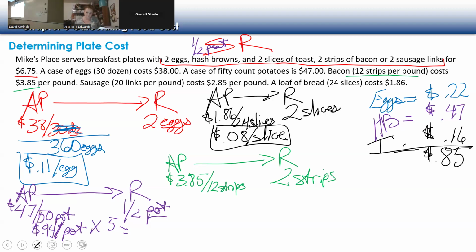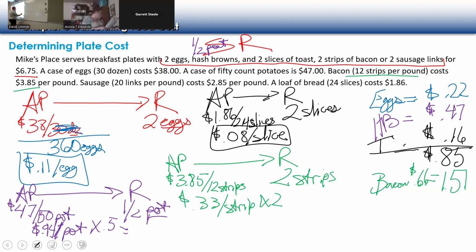So $3.85 divided by 12 gives me 33 cents per strip times 2 is 66 cents. Okay. So 66 cents plus 85 cents is how much? $1.51. So my breakfast plate with bacon cost me $1.51 to make it. Okay, see how that works?